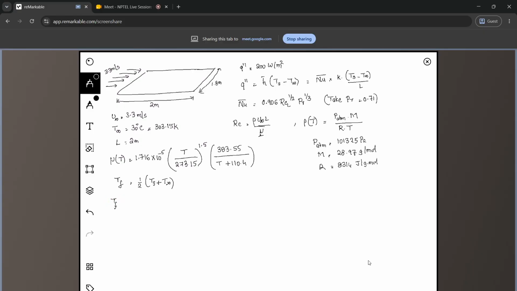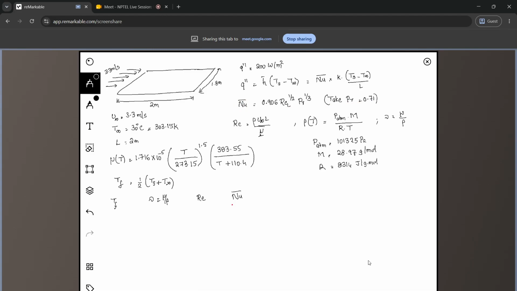From the film temperature, we will calculate the nu value, where nu is basically mu by rho. The kinematic viscosity is the ratio of dynamic viscosity to density. So assume a TF value, substitute into this equation, get the mu value, substitute into this equation, get the rho value, then calculate mu by rho. Once you get the nu value, you can calculate the Reynolds number. And from that Reynolds number, you can substitute in this equation, Prandtl number taken as 0.71, and you can get the Nusselt number.